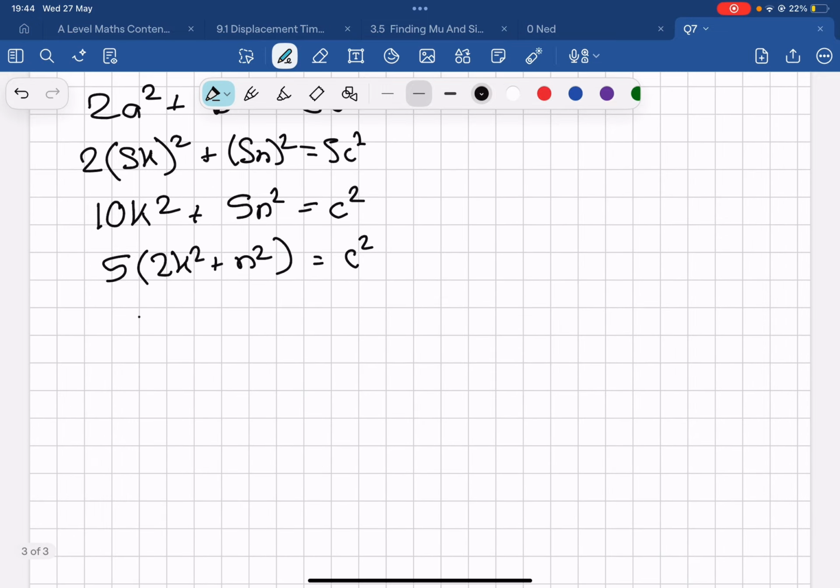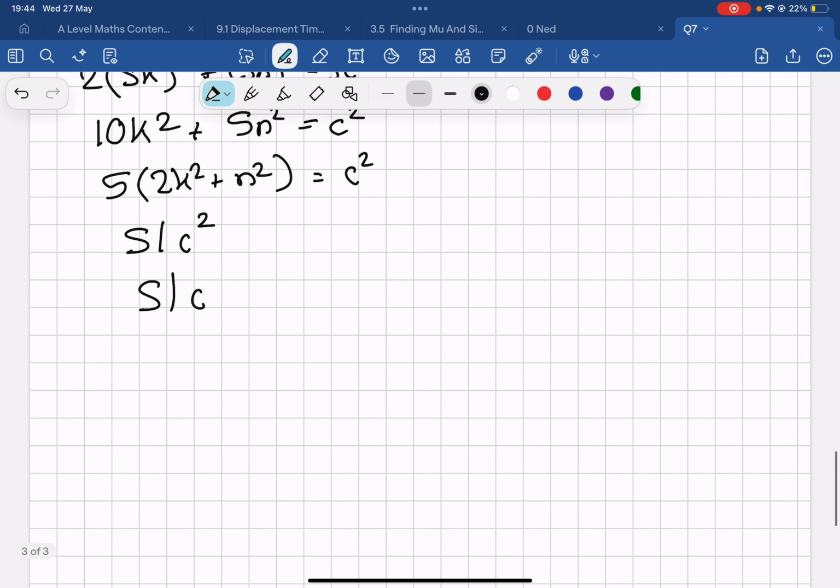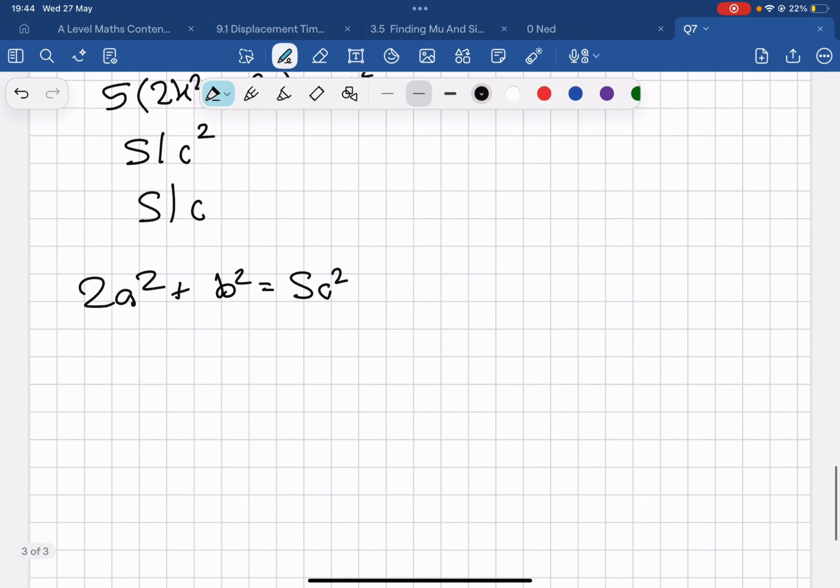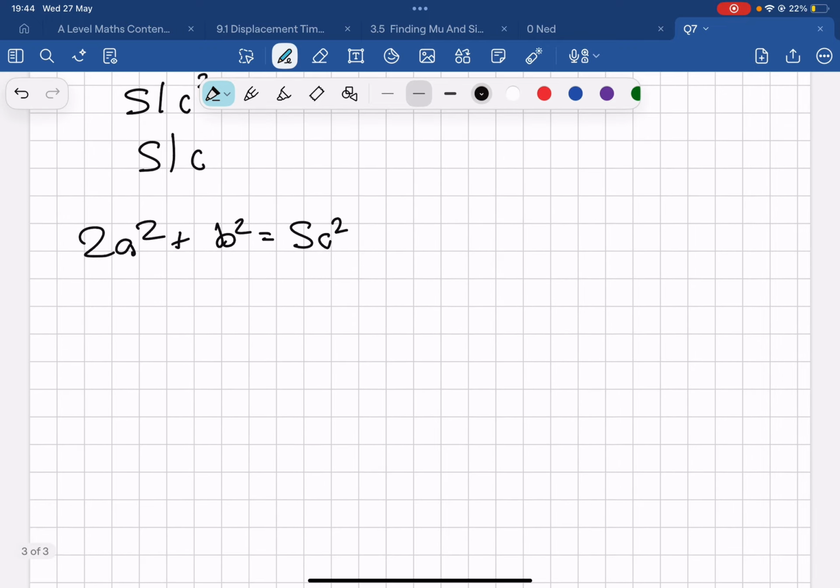So 5 divides c squared. And since 5 is a prime factor of c squared, we can safely say that 5 also divides c, which is perfect. So if we go back to our equation now, a squared plus b squared equals 5c squared, each of our terms a, b, and c are divisible by 5.